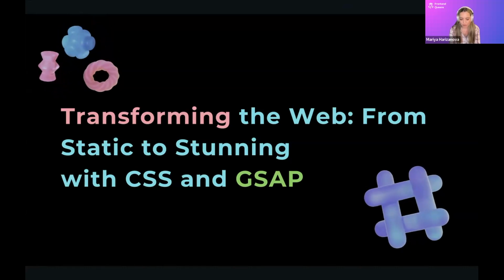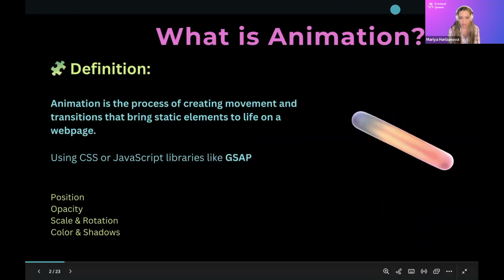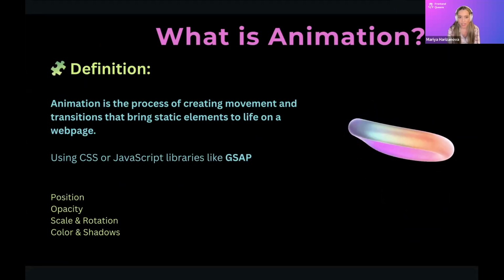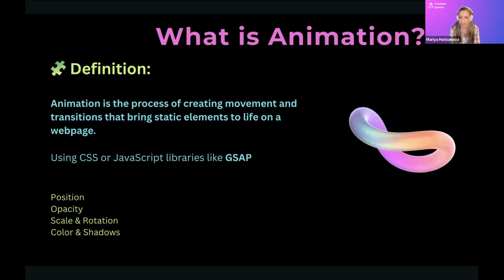For those who don't know, we're going to start first with what is animation. Animation brings elements to life, smoothly changing their style over time. We can use keyframes and not necessarily JavaScript. In this case, we have a little bit of limitations, but we can talk about that later.